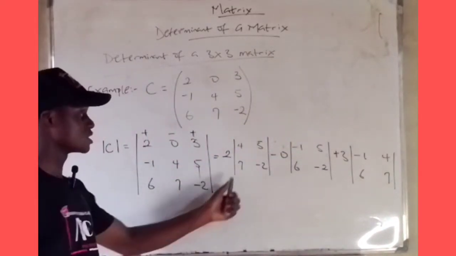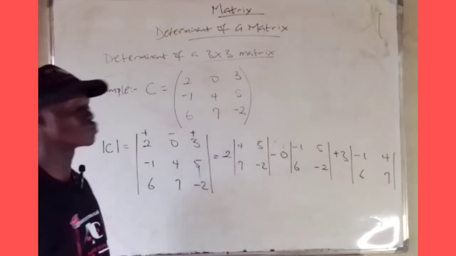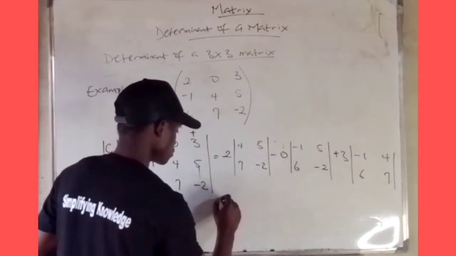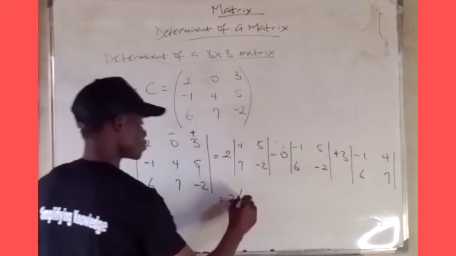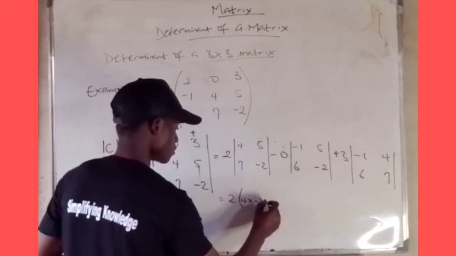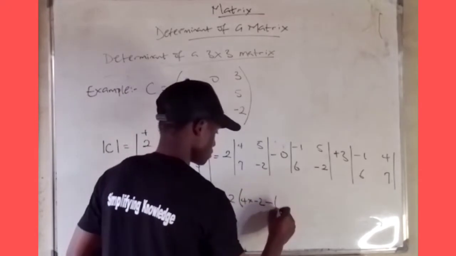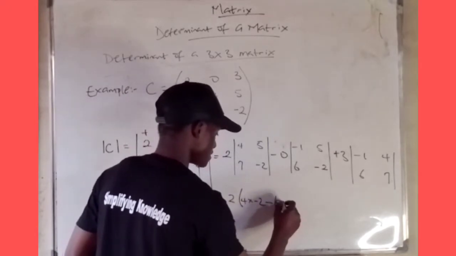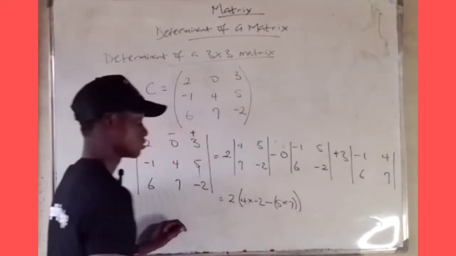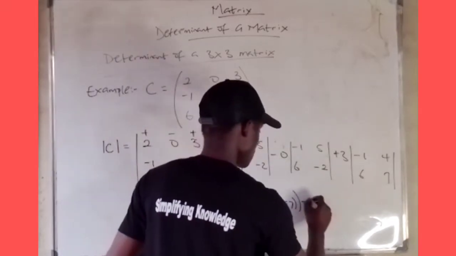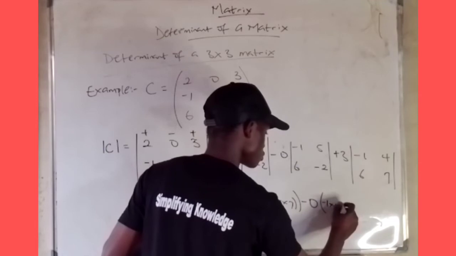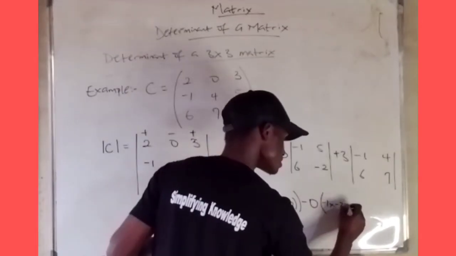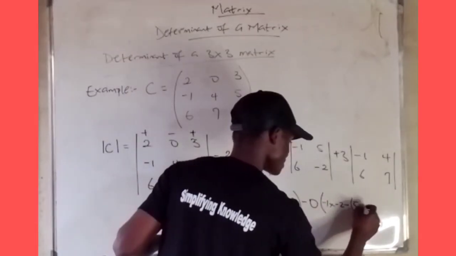So from here we proceed to solve just the way we solve 2 by 2 matrices. So I'll be having 2 into 4 times minus 2 minus 5 times 7, minus 0 into minus 1 times minus 2 minus 5 times 6.